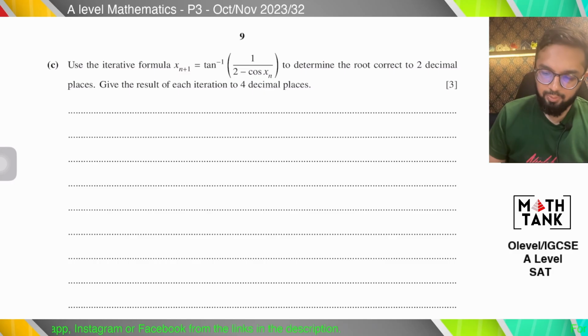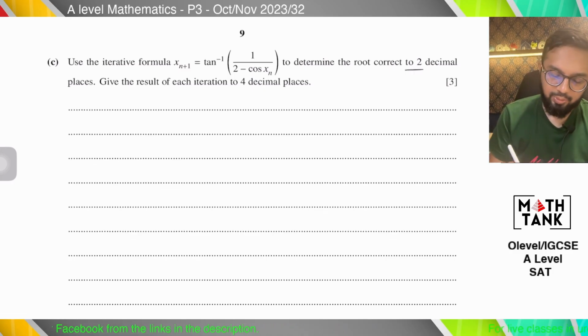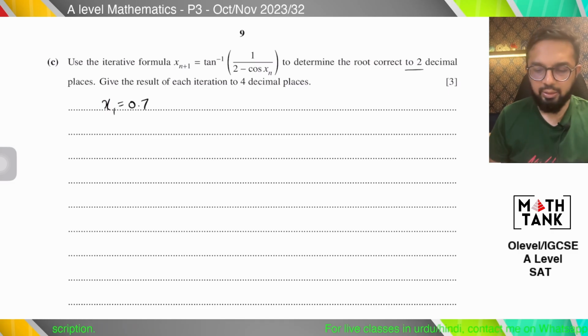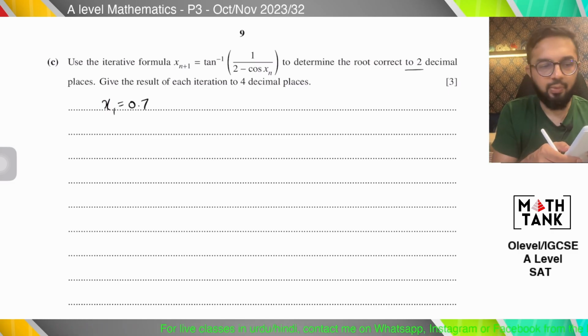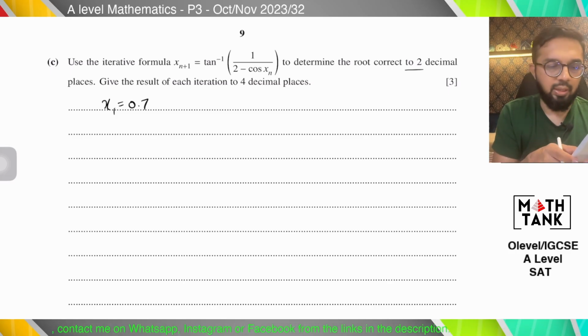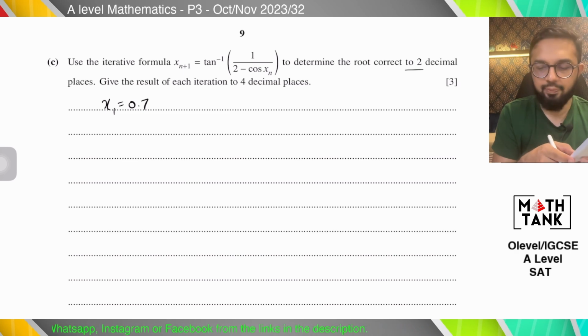Use the iterative formula to determine the root. So I'm going to start with x1 equals 0.7 and do all of this on my calculator as we've demonstrated in several videos. Tan inverse, let's write 0.7, tan inverse of 1 over 2 minus cos of answer.